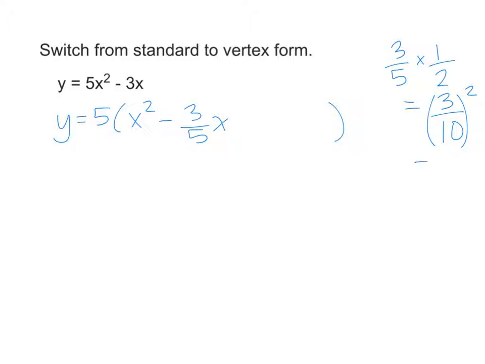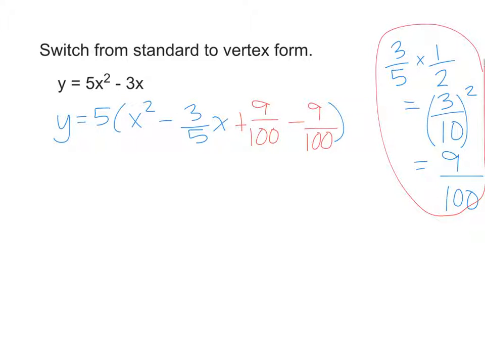That's 9 over 100. So that's the number that we add and subtract. This number, the 9 over 100, comes from over here. Take half of the 3 over 5, gives you 3 over 10. Square it is 9 over 100.